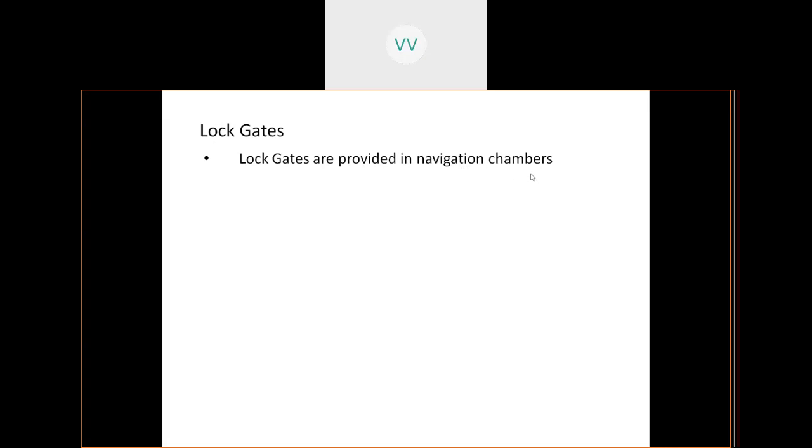Chamber means a room-like construction. Here the purpose of providing the lock gate is to change the water level in a canal or a river, and for navigational purposes. That means to enable boats to move on either side of a bridge or a hydraulic structure which is constructed over the water.